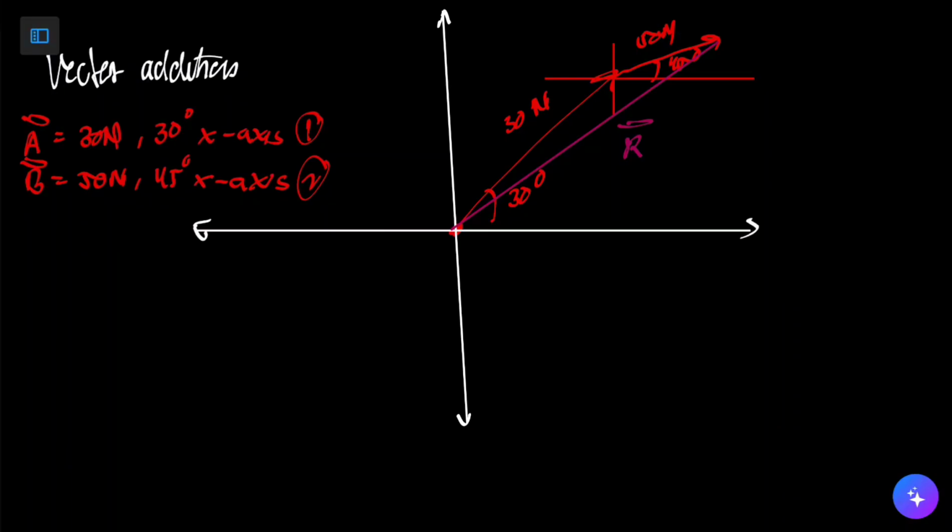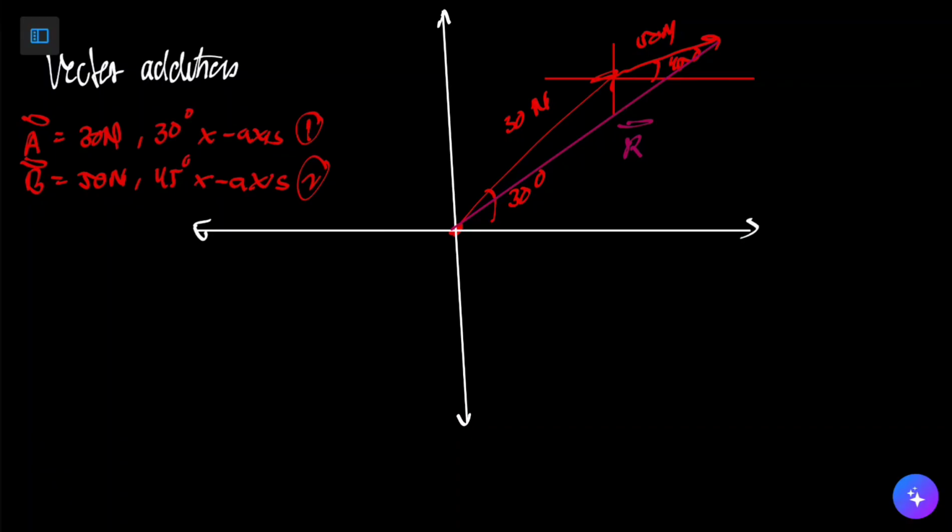So that's one way of determining your resultant vector from vector addition.